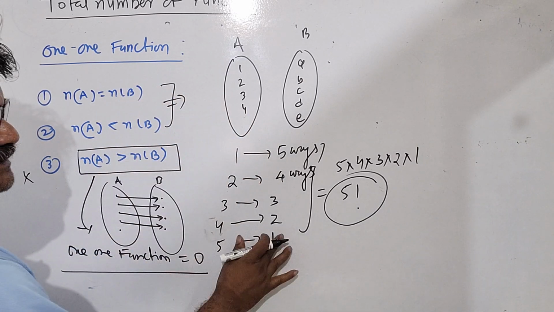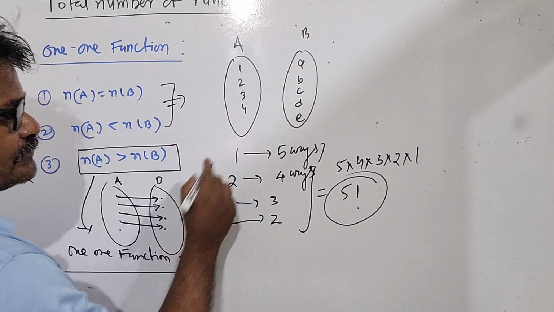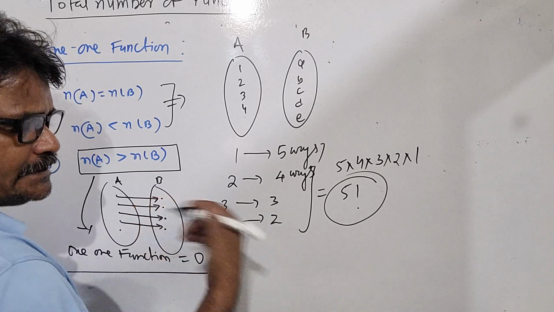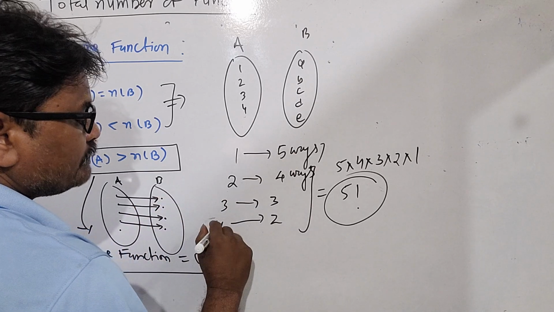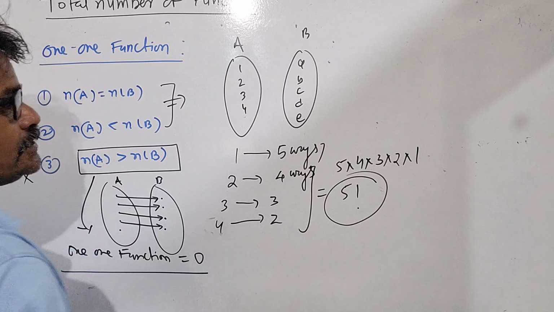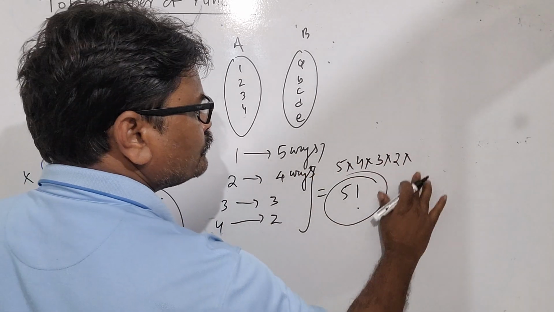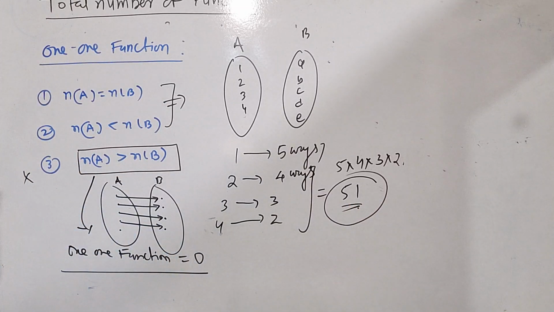So this case will go away from here. This case we will not have. So one can have 5 images, 2 can have 4 ways to get the image, 3 can have 3 ways to get the image, 4 can have 2 ways to get the image. Still 5 into 4 into 3 into 2, and this is again 5 factorial.